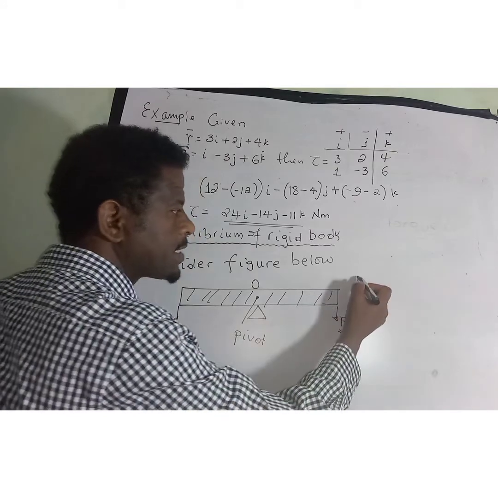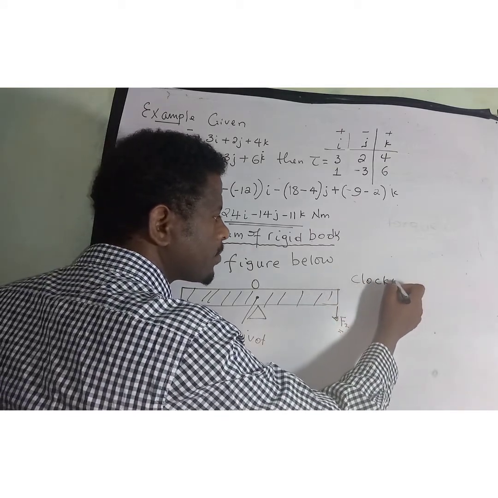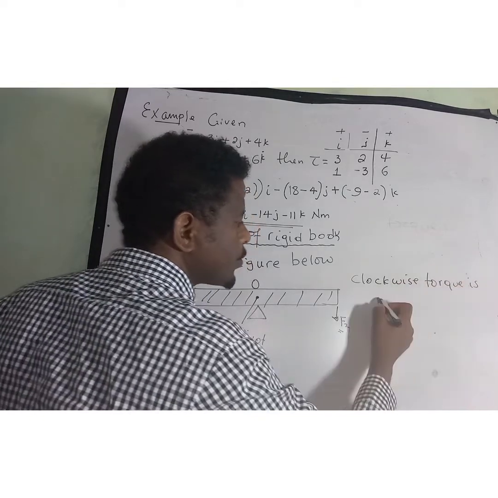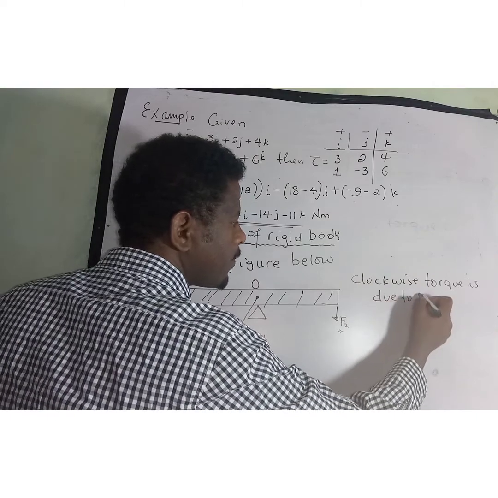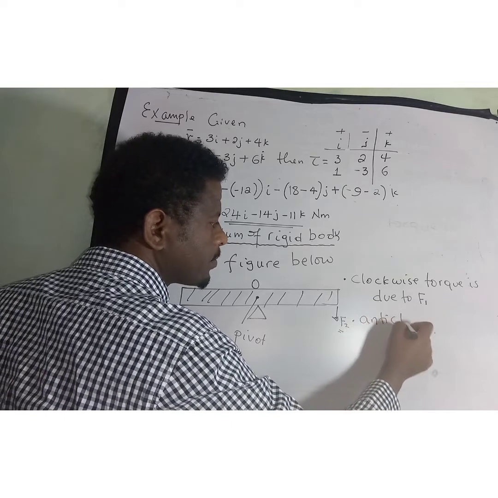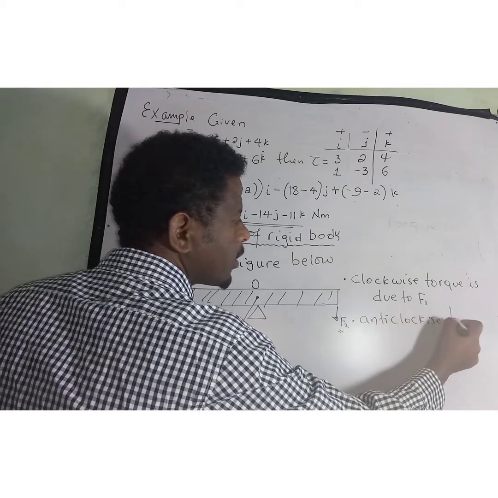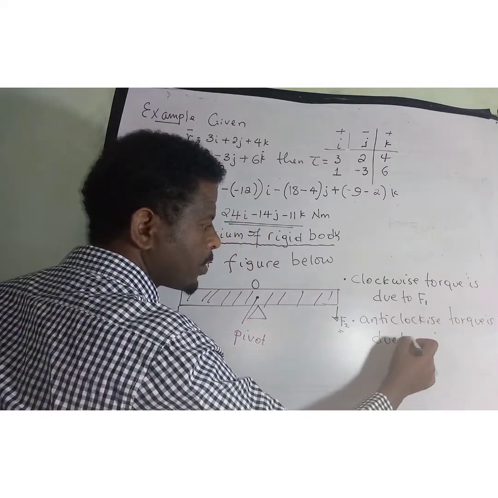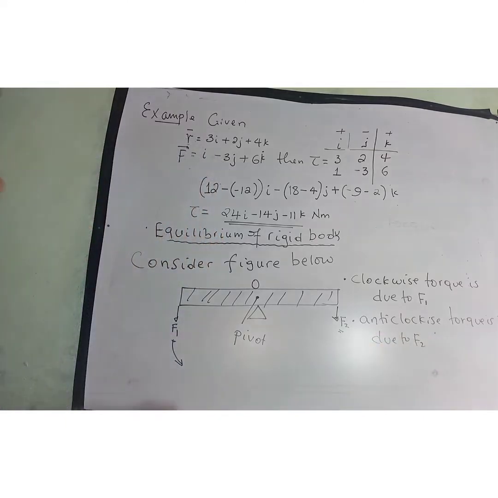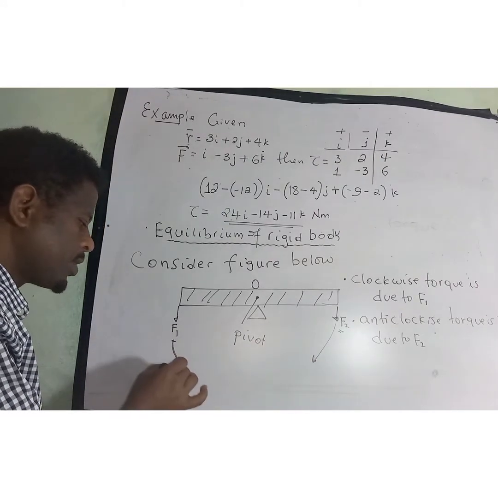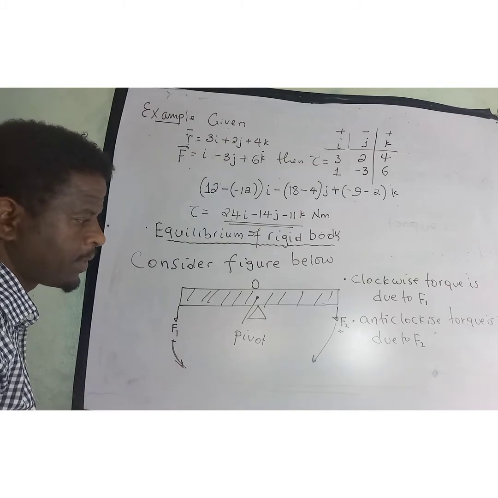Then the clockwise torque is due to F2, and the anti-clockwise torque is due to F1, about the pivot. F2 is clockwise and F1 is anti-clockwise or counter-clockwise.